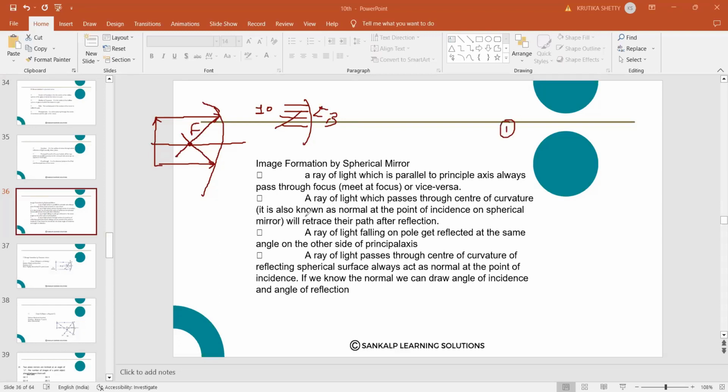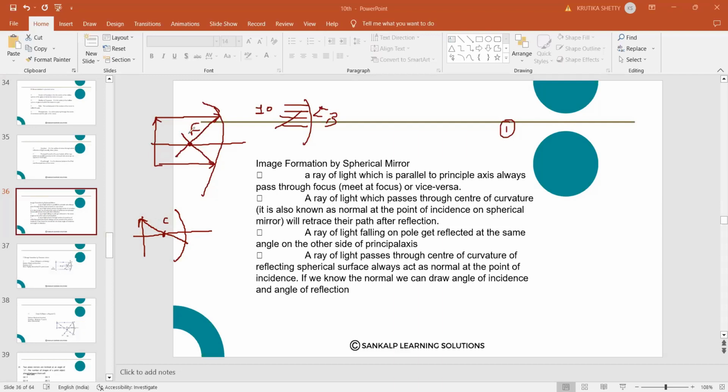What is the second case? A ray of light which passes through the center of curvature will retrace its original path after reflection. What is the meaning of this? The first is over. For the second, this is my object. Here there are some rays which are passing through the center of curvature.